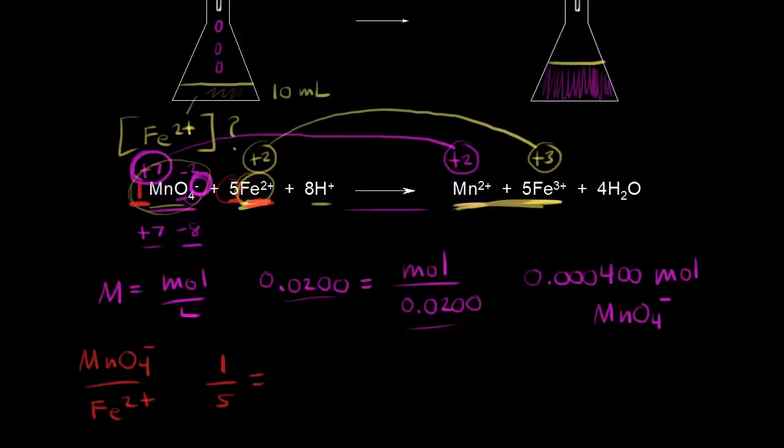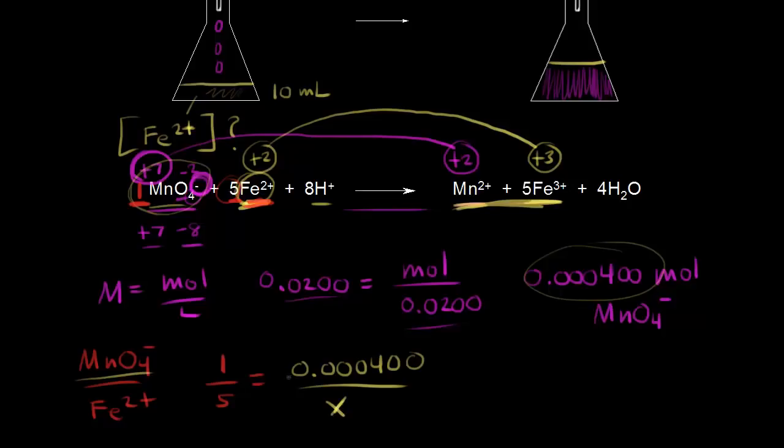1 over 5 is equal to, well, we need to keep permanganate in the numerator here. How many moles of permanganate were necessary to react with the iron 2+? That was 0.0004. So we have 0.0004 moles of permanganate. And X would represent how many moles of iron 2+ we originally started with.